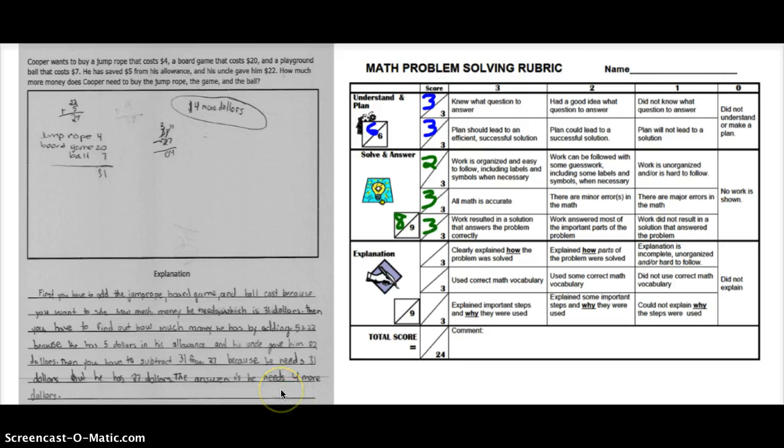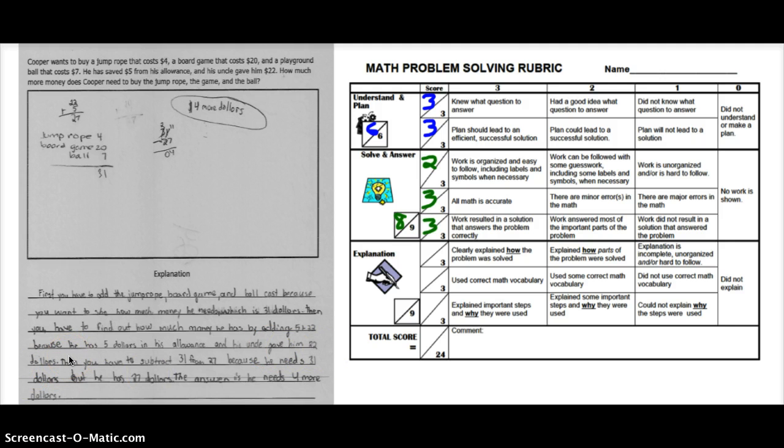She wrote, first you have to add the jump rope, board game, and ball cost because you want to see how much money he needs, which is $31. So right here they explained why you did it, which will come in key later. Then you have to find out how much money he has by adding $5 and $22 because he has $5 in his allowance and his uncle gave him $22.